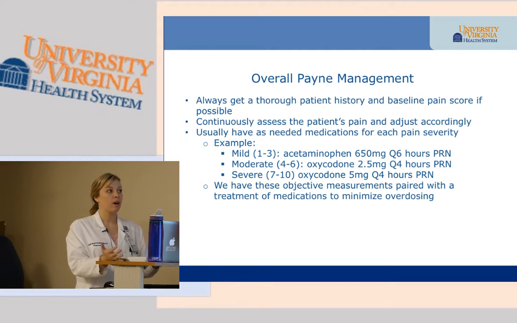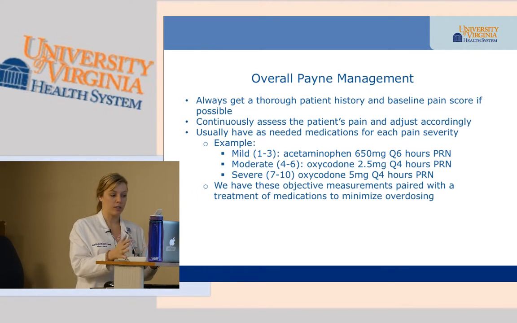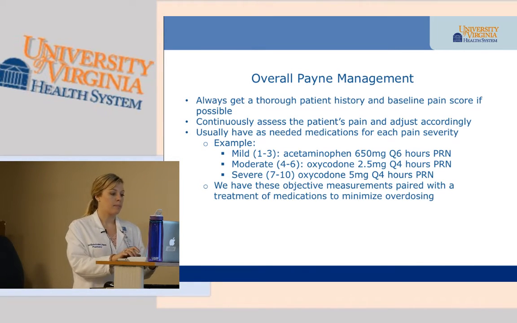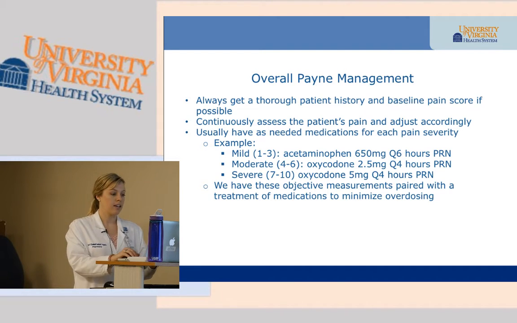So overall pain management, what we do every day, or what we should be doing every day, it's always good to get a patient history and their baseline pain score. And we continually assess this either multiple times a day and at least daily, especially in some of our ICU settings. We probably reassess this multiple times throughout the day.